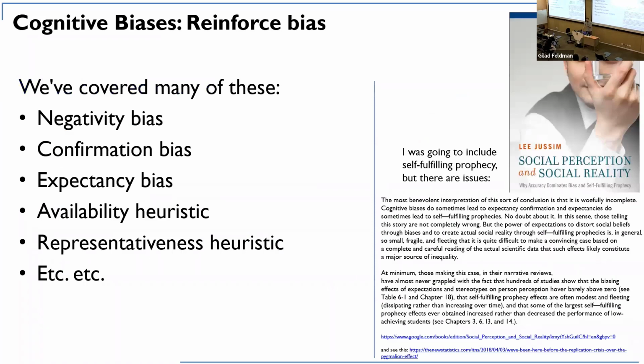So in general, we have a lot of cognitive biases. The placebo effect is very, very strong. We discussed already the negativity bias, the confirmation bias, the expectancy bias, the availability heuristic, all sorts of biases that affect us. If we believe that people are inherently bad, this is how we're going to treat them.